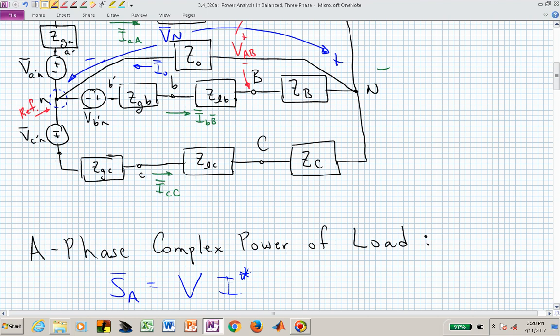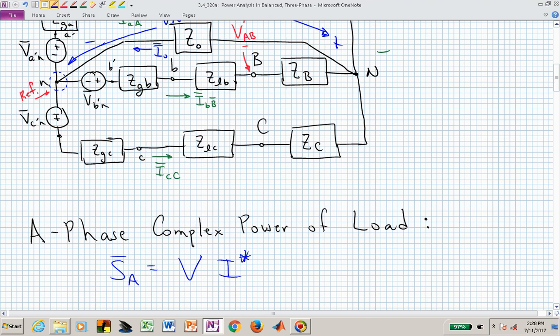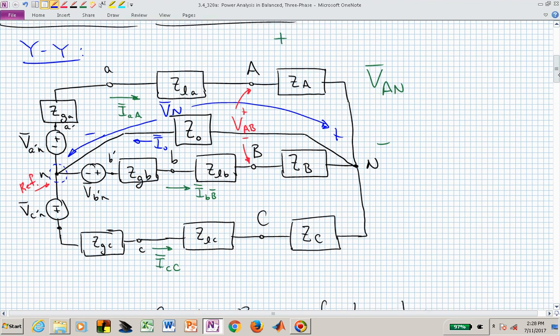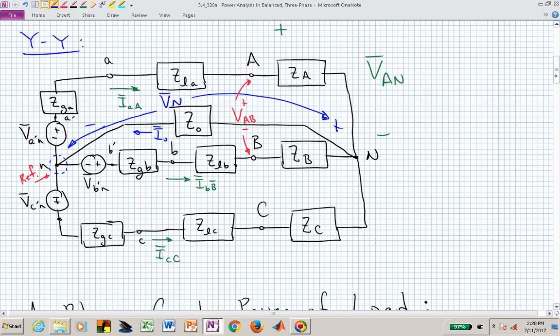But now it's equally important. So you get partial credit for finding V times I star, but now we want to find the A phase's complex power, and V means what? I means what? These are obviously phasors, so we have to make sure that they're phasors.